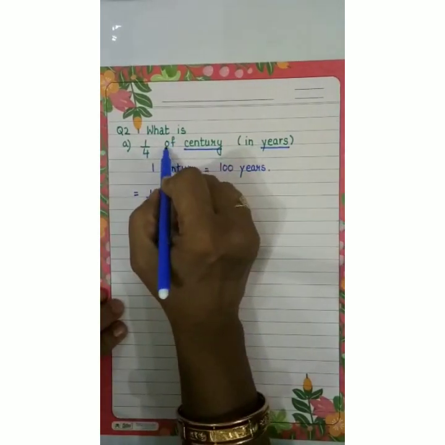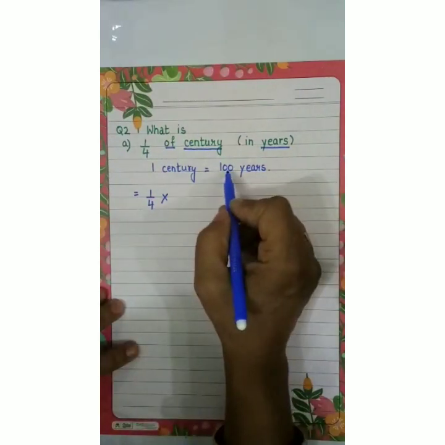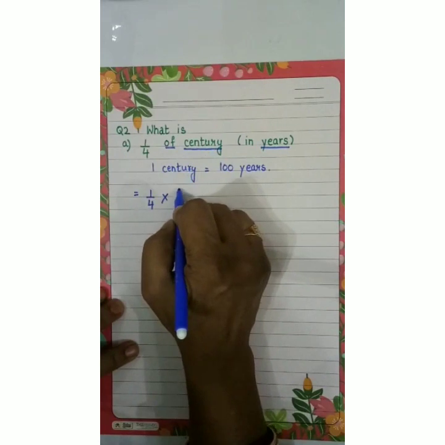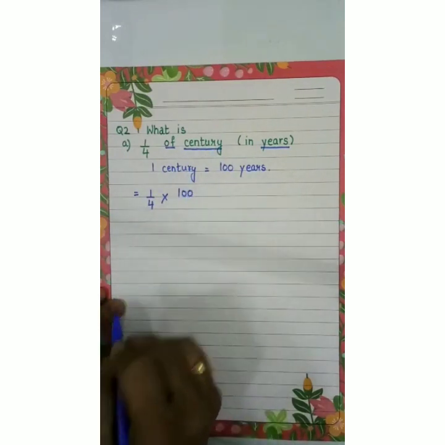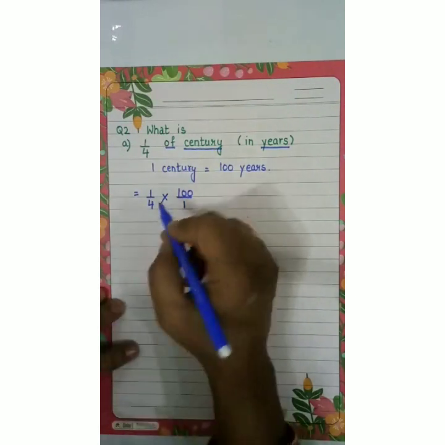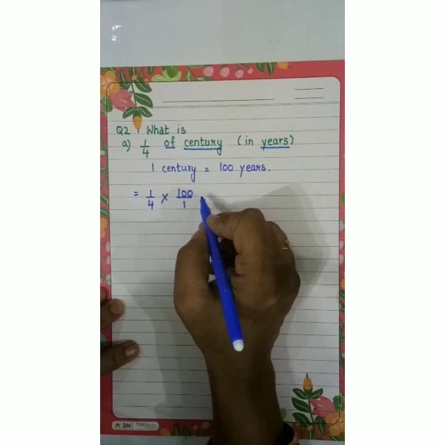Now, 'of' you have to convert into a multiplication sign. Then 100. At the place of century, you have to write down 100 over here. You can put 1 in the denominator. Now you have to convert it into the lowest term. There are two methods of it.